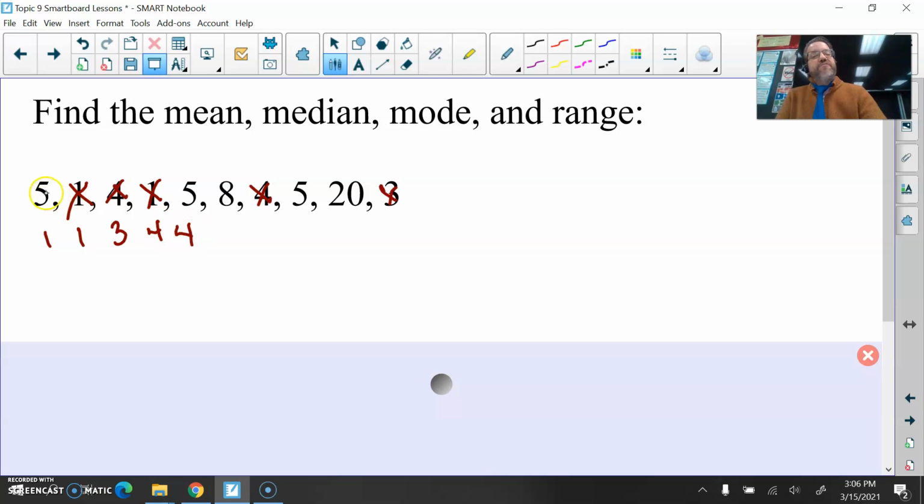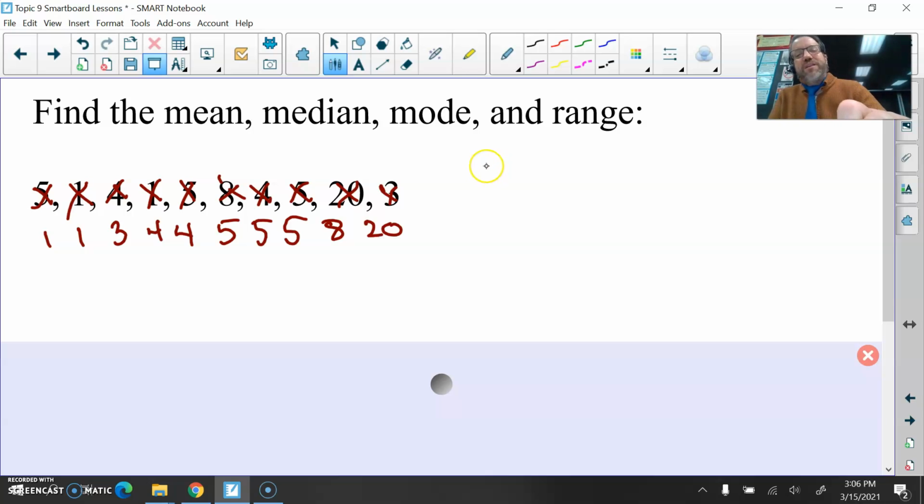And then 5, I have 3 5s, it looks like. 1, 2, and 3. I'll write them down. And I have an 8. And finally, we have this 20 here. Did I get all of them? 1, 2, 3, 4, 5, 6, 7, 8, 9, 10. I have 10 numbers. I started with 10 numbers, so I feel pretty good about that.